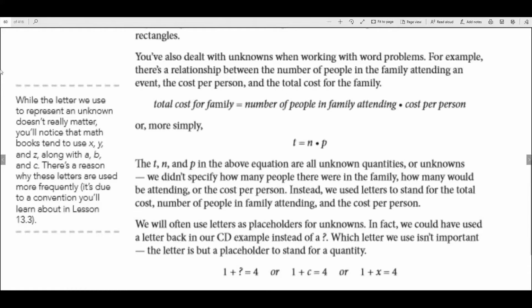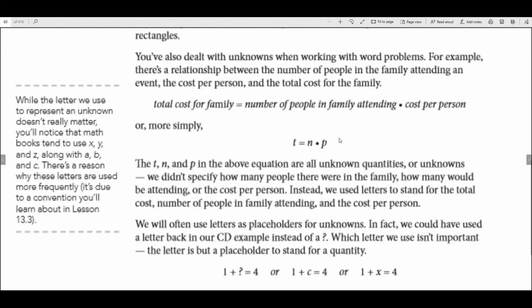Now, we've dealt with unknowns when working with word problems. For example, there's a relationship between the number of people in the family attending an event, the cost per person, and the total cost for the family. So here's an equation. The total cost for the family would equal the number of people in the family attending times the cost per person.